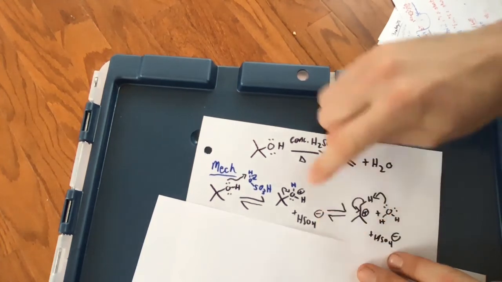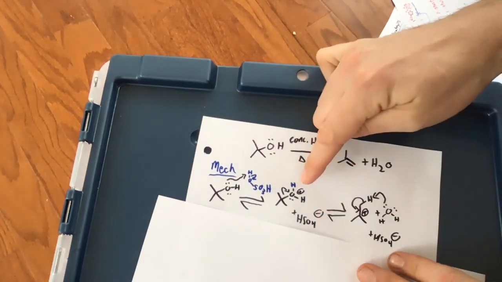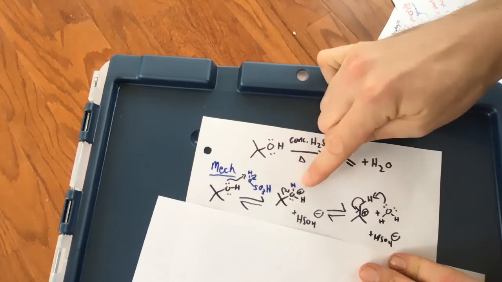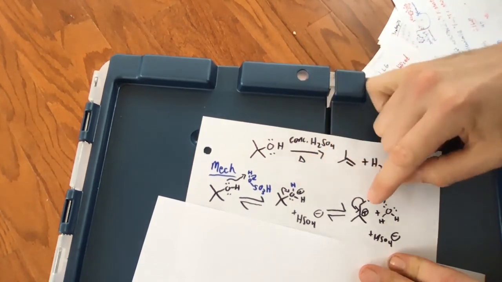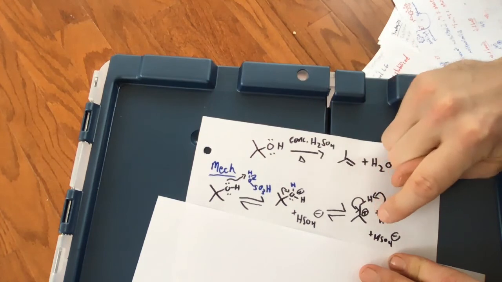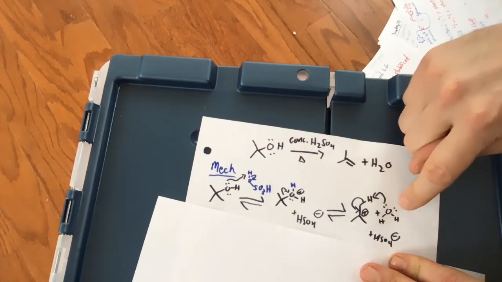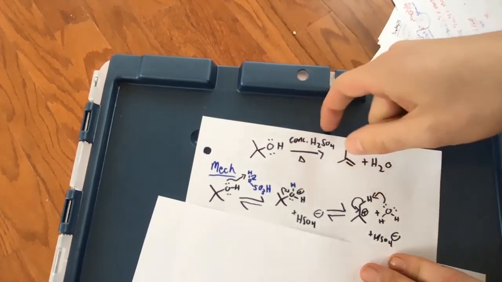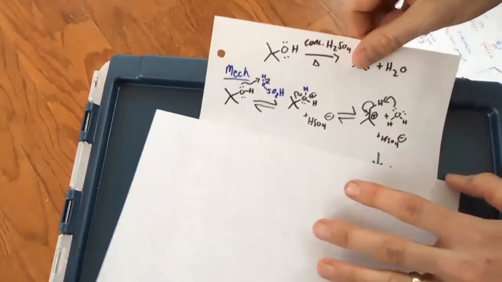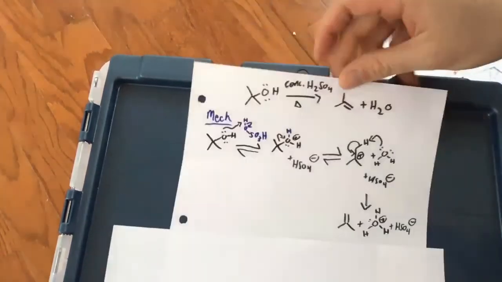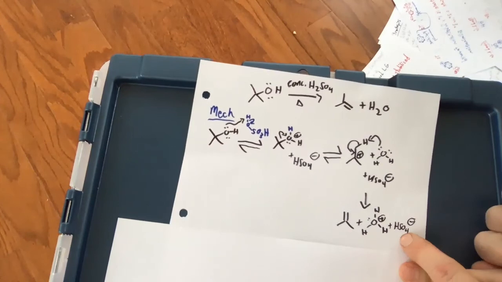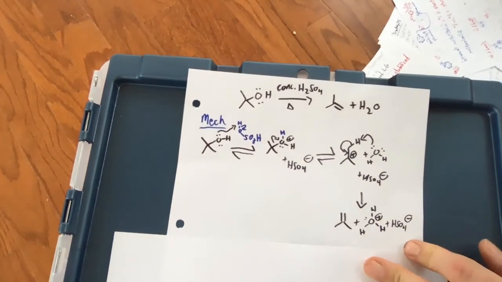Then, once you have that, the H2O leaves, leaving you with a carbocation on this tertiary carbon and the water that you dehydrated from the molecule. That water can then act as a base, take a proton, and give you the alkene product, the hydronium ion, and the HSO4 minus anion.